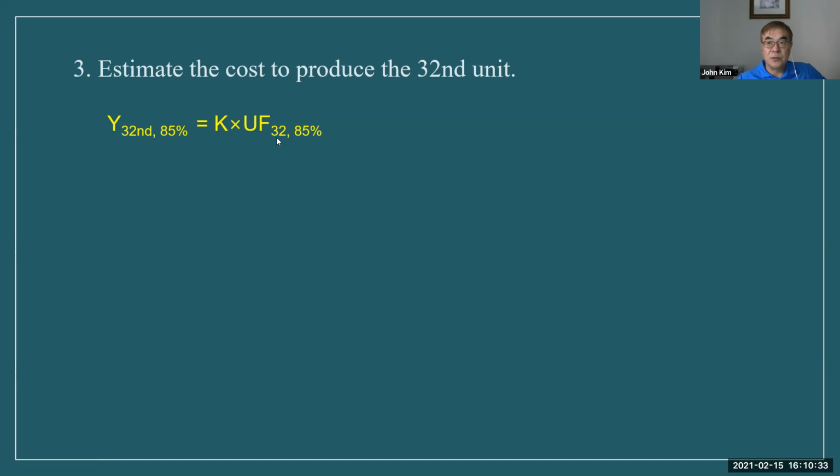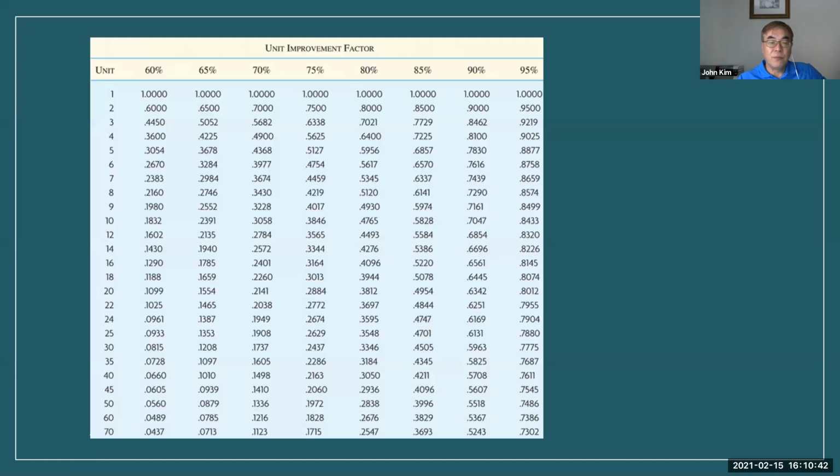So try to find the unit factor for unit number 32 at 85% from the chart, but we cannot find 32. In this case, either use this chart with the arithmetic learning curve concept, when it's doubled times B, or use the logarithmic learning curve formula.